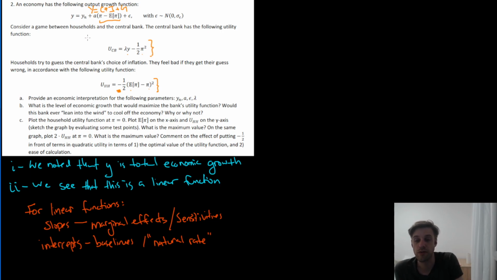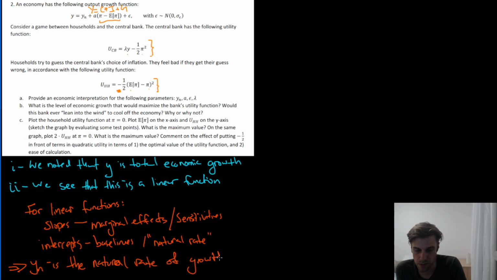So it's like the natural rate of growth. It's how much the economy grows absent this effect that we're thinking about. So yn is not a slope. It is an intercept. We can say therefore that yn is the natural rate of growth, or the baseline rate of growth. Wonderful.